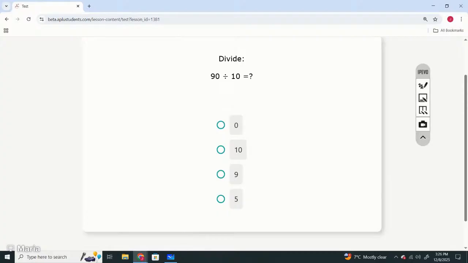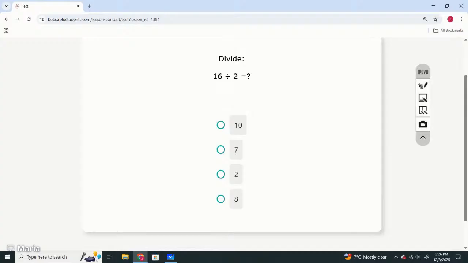So, 90 divided by 10 is 9. 10 times 9 is 90. Option number 3 is the correct option.